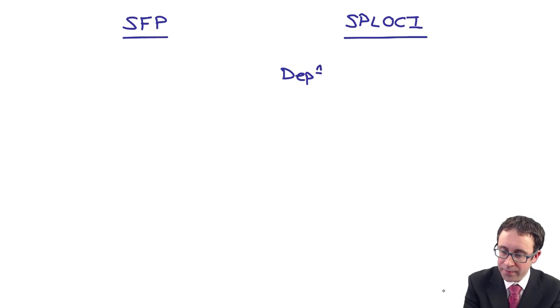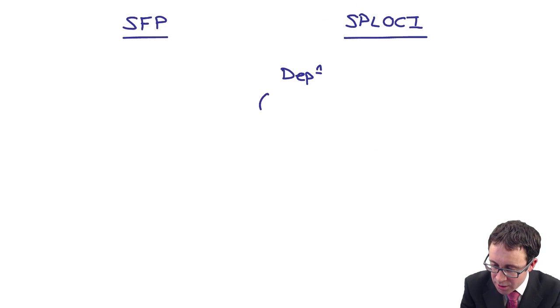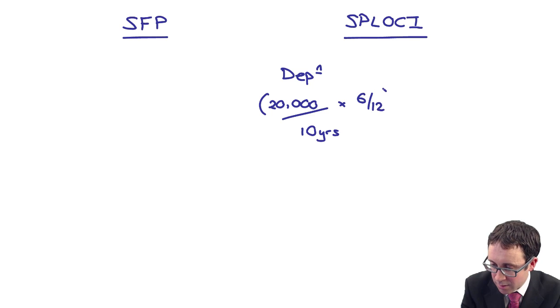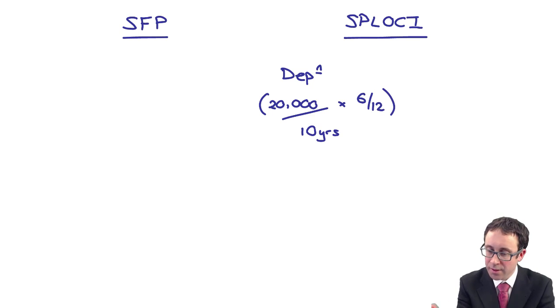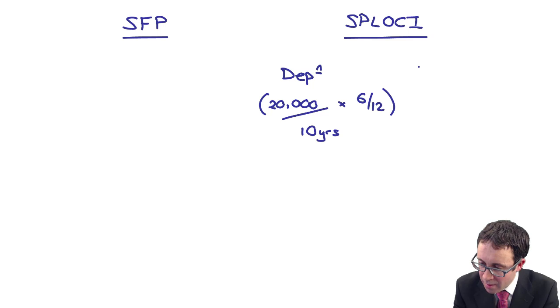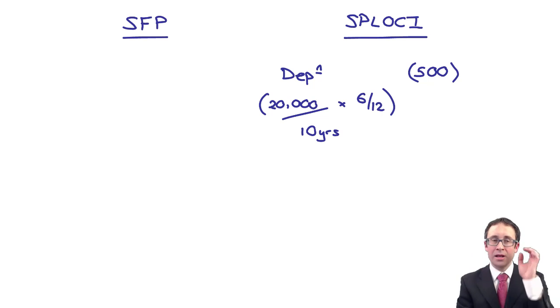So in my depreciation, it's there as the 20 million over the 10 years multiplied by 6/12? Does that mean my depreciation is $500,000?